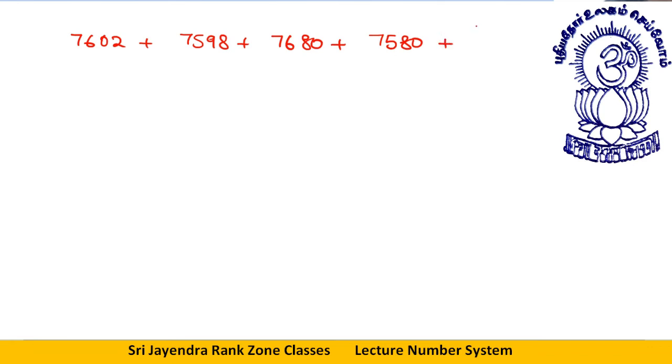Plus, let's take one last thing, that is 7670, is divided by 19. Then find the remainder.